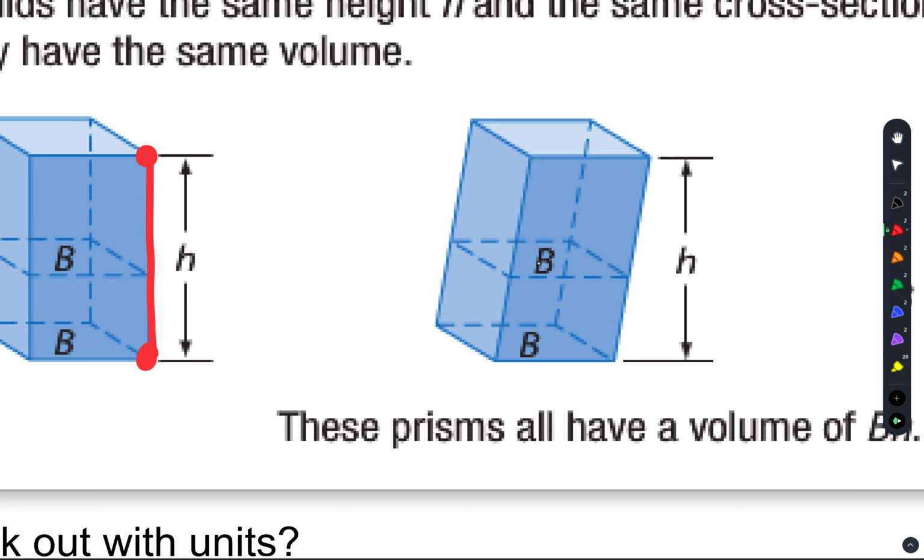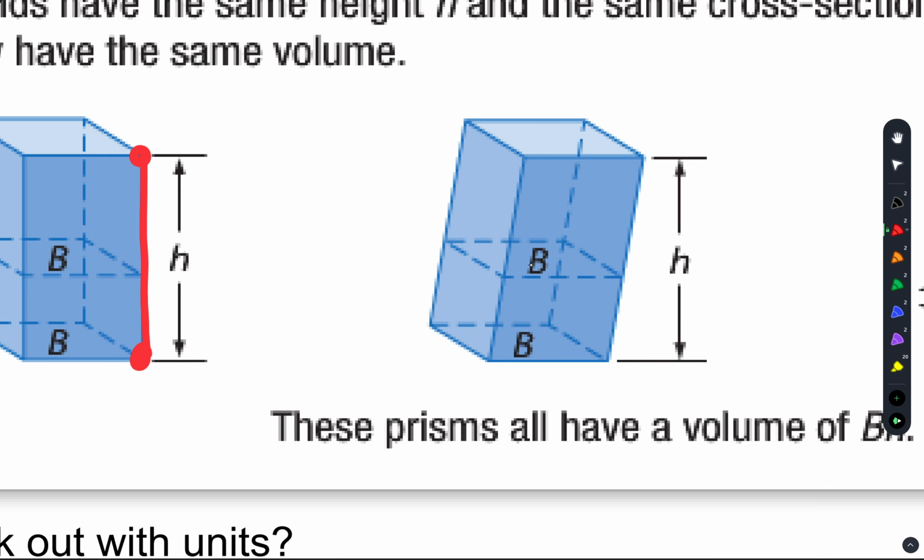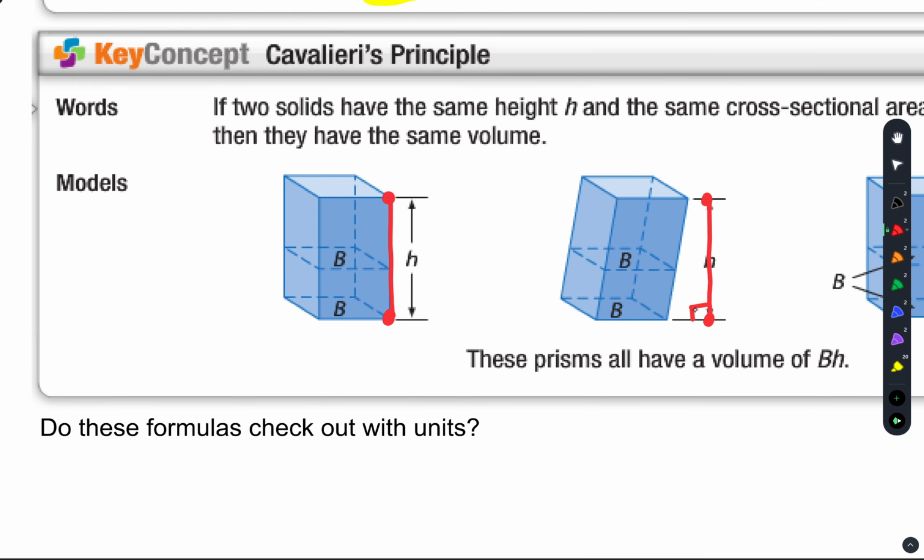However, if it's a prism that has been pushed over to the side, the height has to remain perpendicular to that base. So instead of being that slanted height, it's still going to be a straight up and down distance from base to base, and it's going to form that right angle. That's the only difference here. The formula doesn't change. We just got to make sure that we're looking at the correct height. Any questions on that?